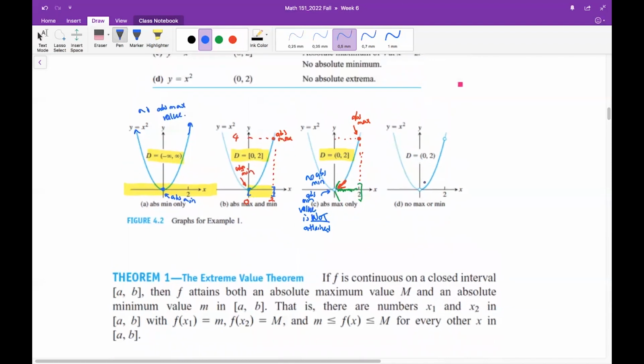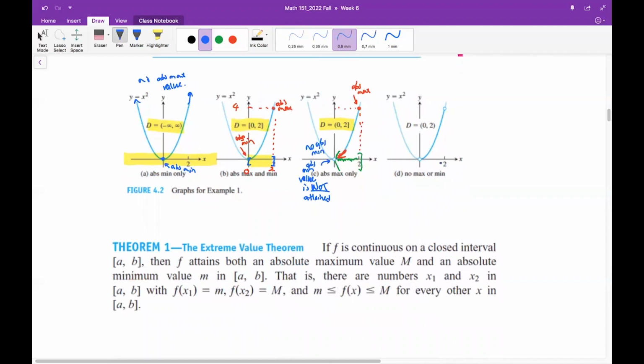And if you also exclude the other endpoint, which is 2, now we have an open interval. Both endpoints are not included. You see, that's why in this case the absolute maximum value and the absolute minimum value both are not attained, because there is a hole there.